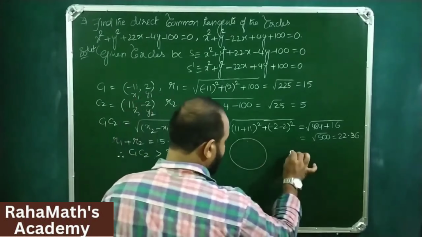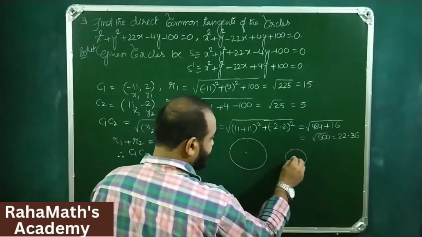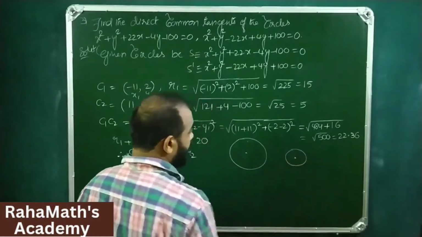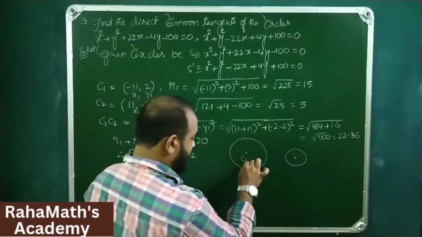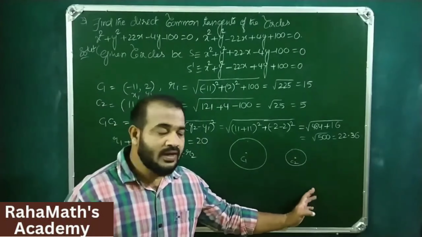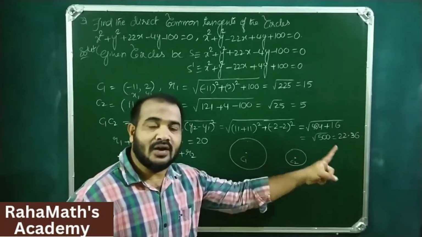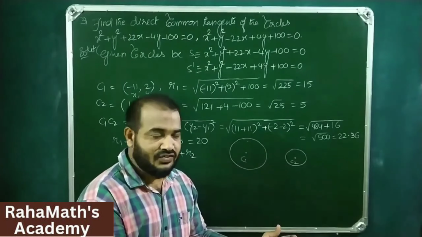This is one circle and this is another circle. This is C1 and this is C2. One circle lies completely outside the other. The two circles neither touch nor intersect each other.